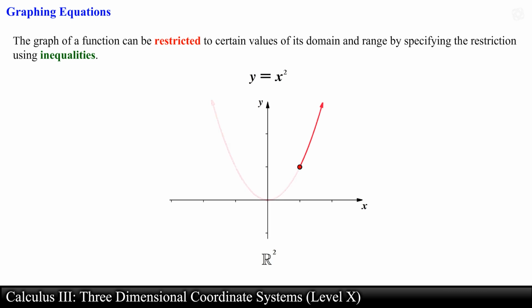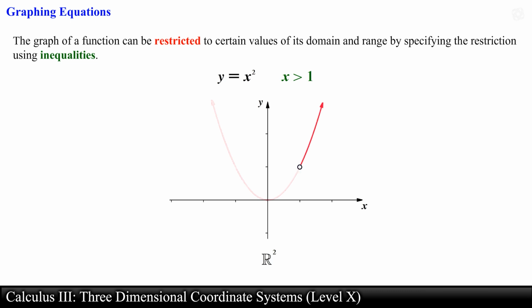The way we mathematically express this graph is by denoting an inequality that describes this restriction. In this case, we want to graph the equation y equals x squared when x is greater than or equal to 1. If we don't want to include the value at x equals 1, then we write x is greater than 1. Then, the closed circle is changed to an open circle to let us know that we do not include the value at x equals 1.